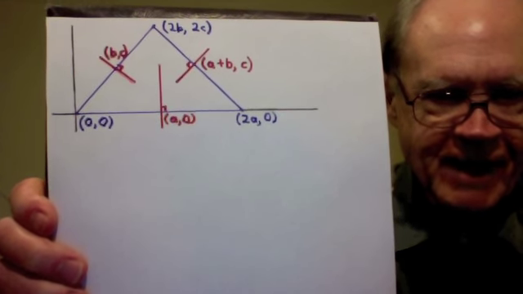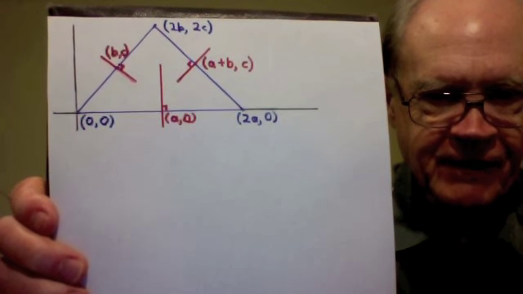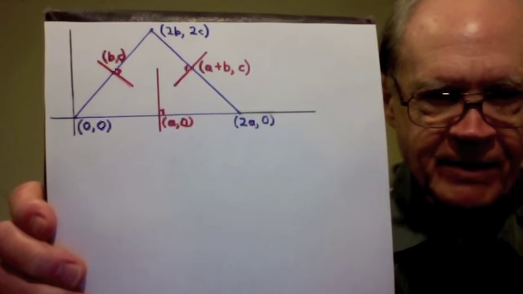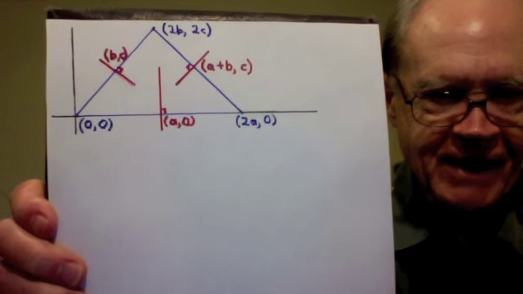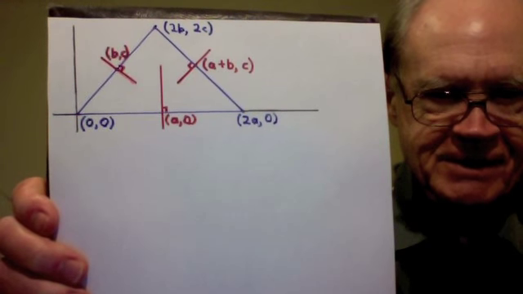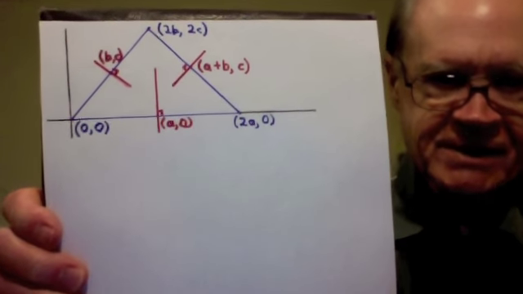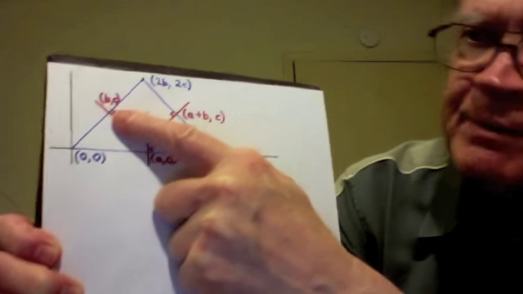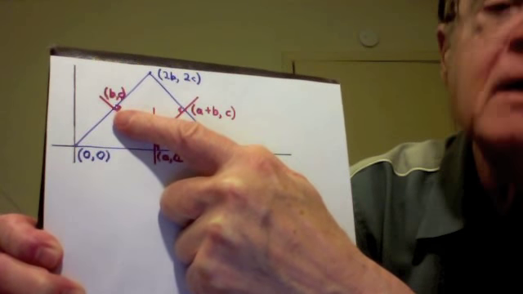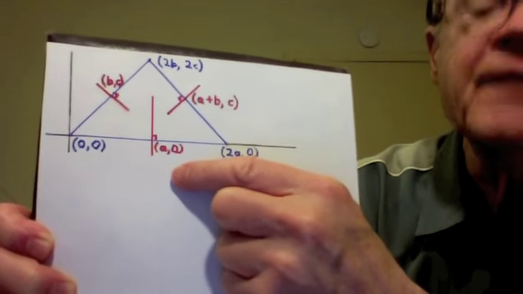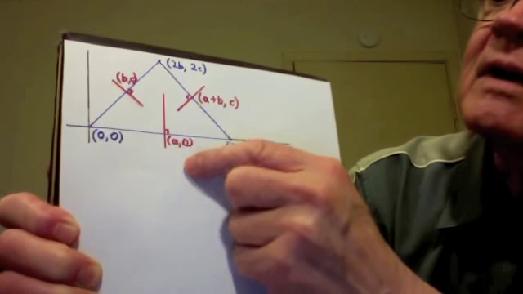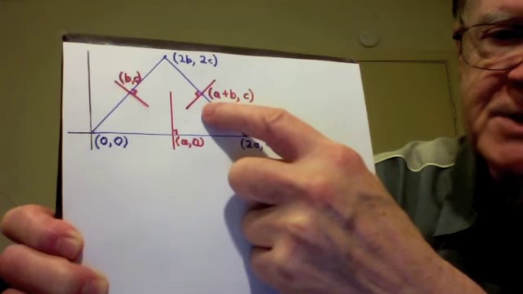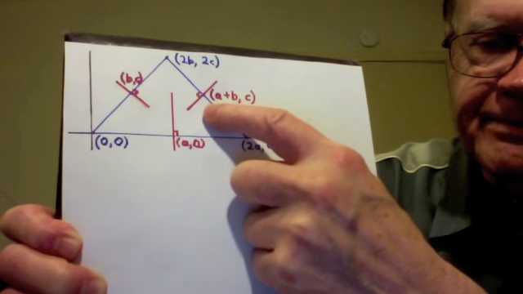You do that to the x's and to the y's to get the x and y of the midpoint. In other words, you're averaging the x's of the ends and averaging the y's of the ends. Doing that, we find that the coordinates of this midpoint are b, c, of this one a, 0, and of this one a plus b, c.